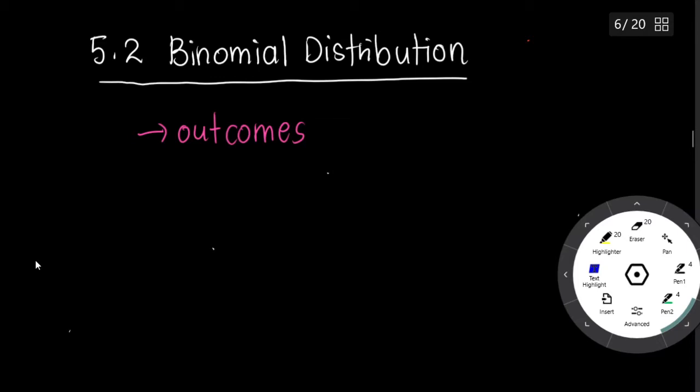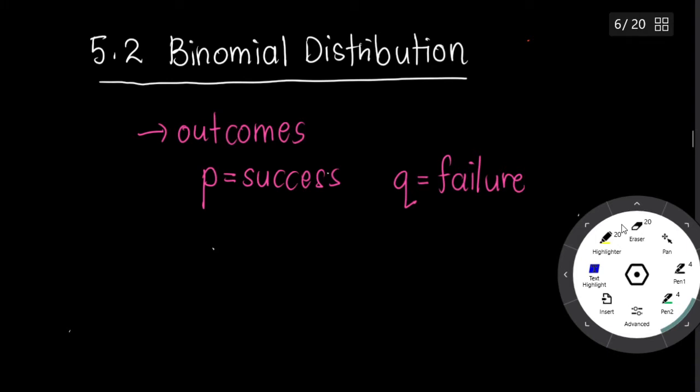But here, in binomial distribution, you will have a probability for success, P. What is the success probability? And Q will be the failure. What is the failure for the experiment, for example?